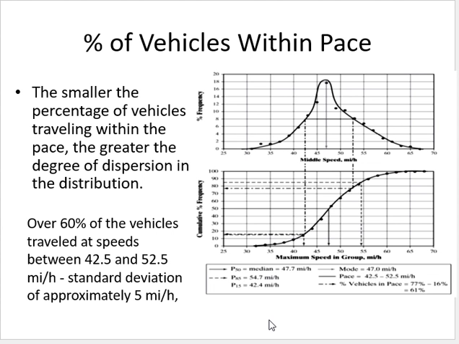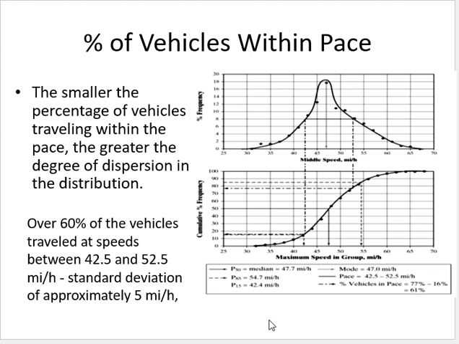So the range itself is the central tendency, the center of the data. But how many values are in the center in terms of percentage? This is dispersion. What is the range? This is central tendency. Clear?